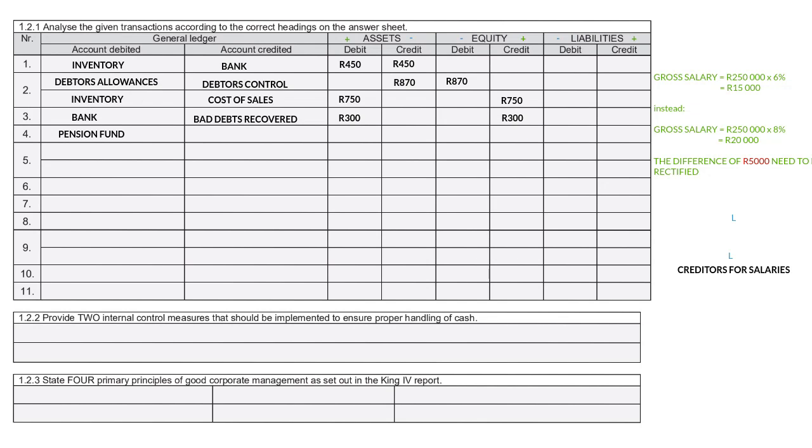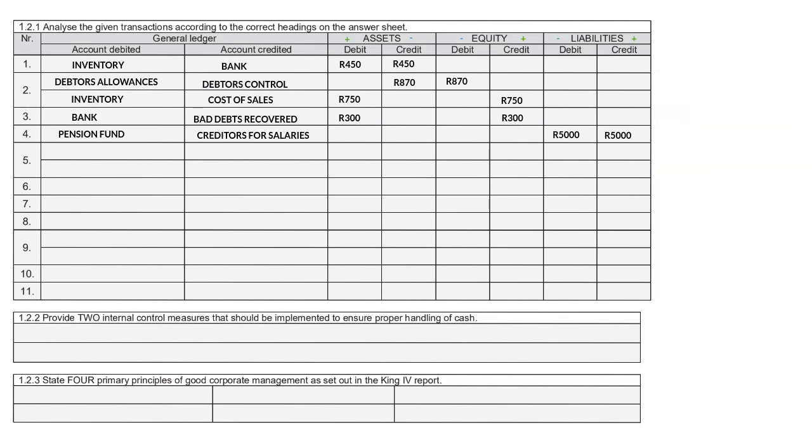The account to be credited is creditors for salaries, and it will be 5,000 in the debit column of liabilities as well as 5,000 in the credit column of liabilities. Now we have rectified this error.